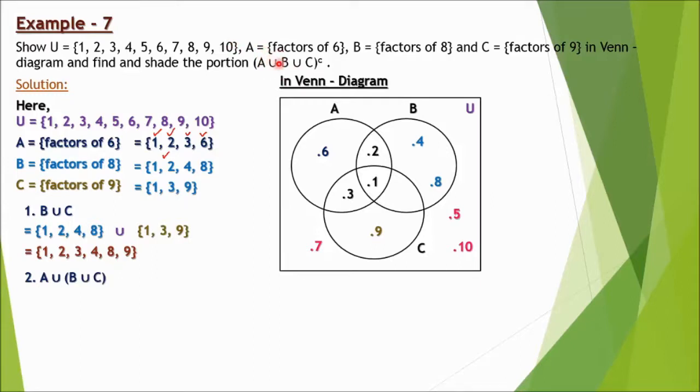You can start with A union B and add C later on, or do A and C and add B later on. It doesn't matter. We have started from B union C and we have added A later on. So let's write all the elements without any repetition. That is what union is.